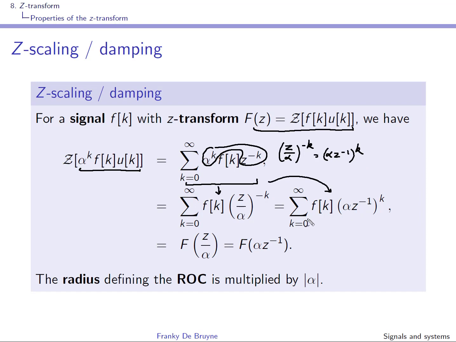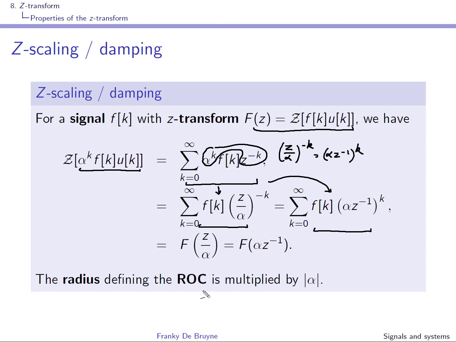So what you see here is again a z transform, but you see that here it's the original z transform where z has been replaced by z over alpha, and here it's this original z transform where z^(-1) has been replaced by alpha z^(-1).